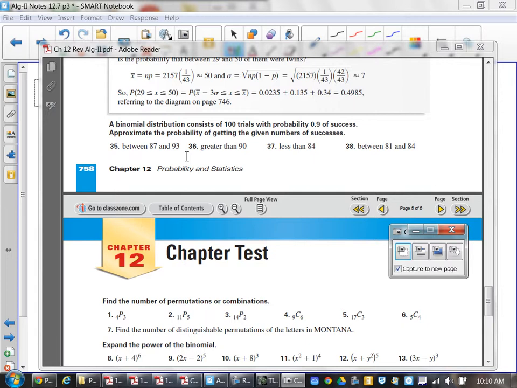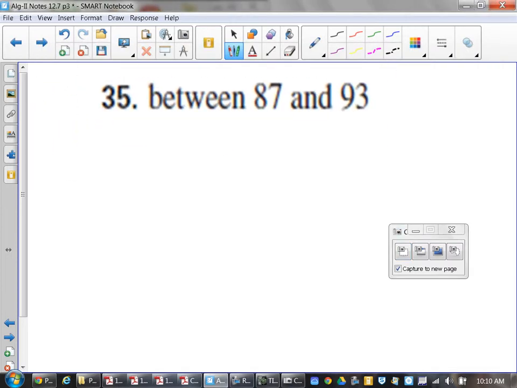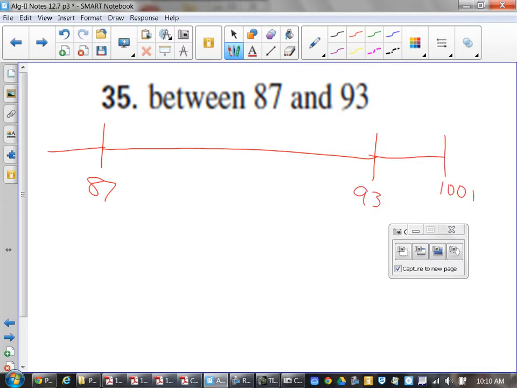So then you have to remember, what does that mean in my calculator for the CDF value? If I'm looking at values between 87 and 93, and this was down here at 0, and I want to find the value between here and here, it's saying between those two, not including.